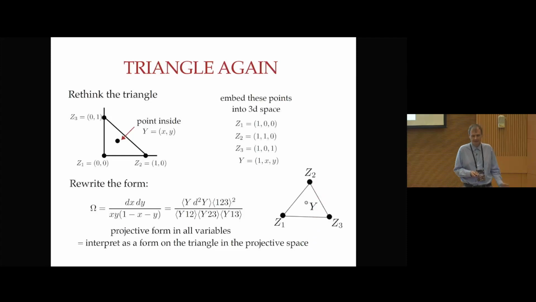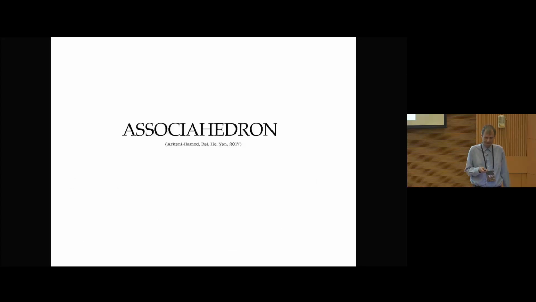We will get back to it later when we talk about the amplituhedron, because that will be the main ingredient, because these variables will be actually momentum twisters, not just some arbitrary variables, and they will capture the kinematics of the gluon scattering.